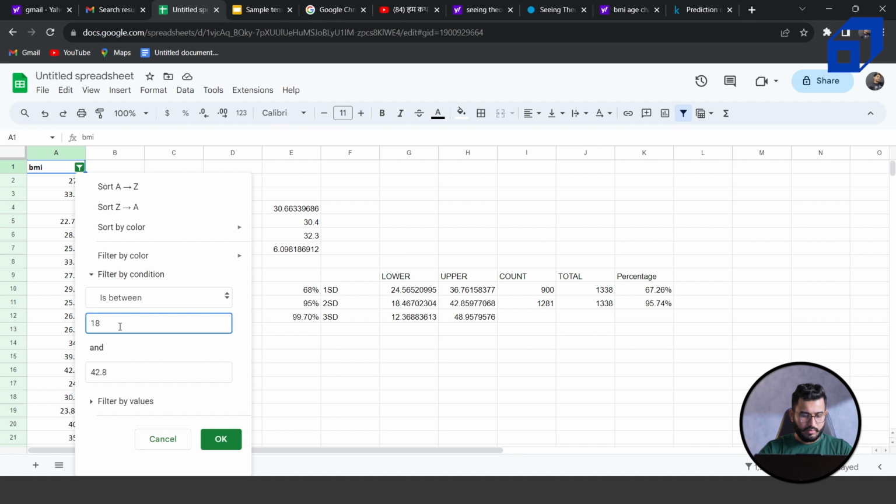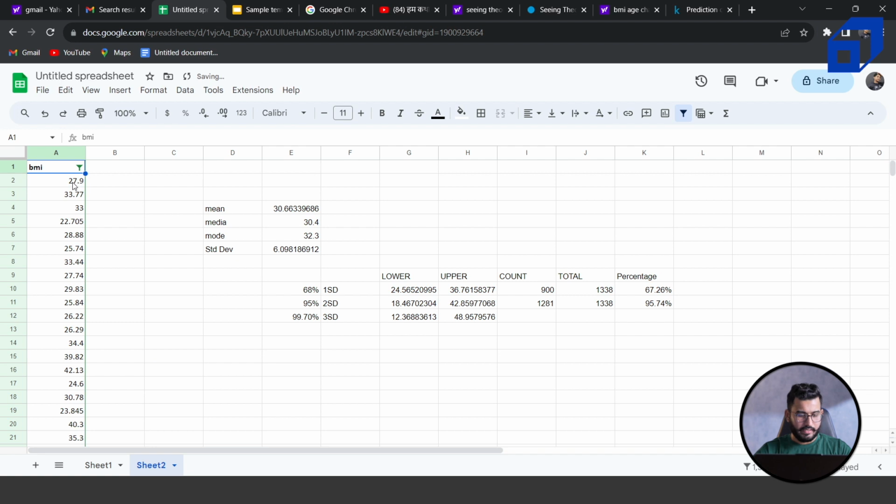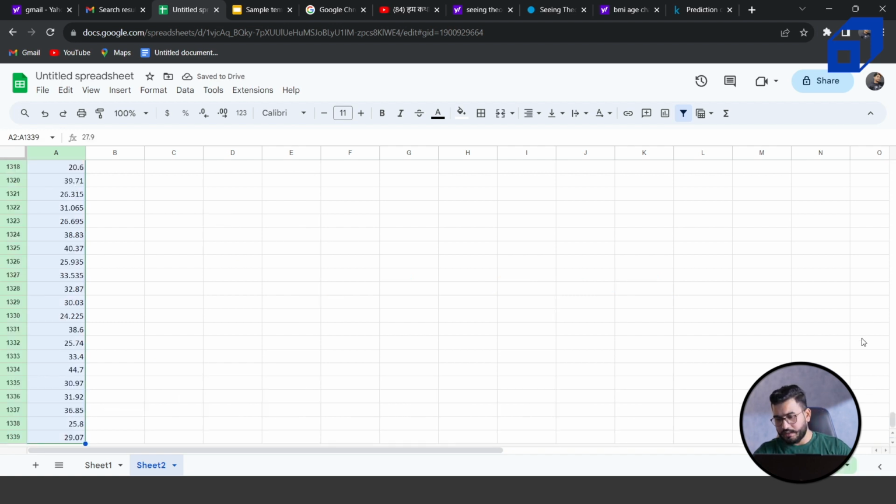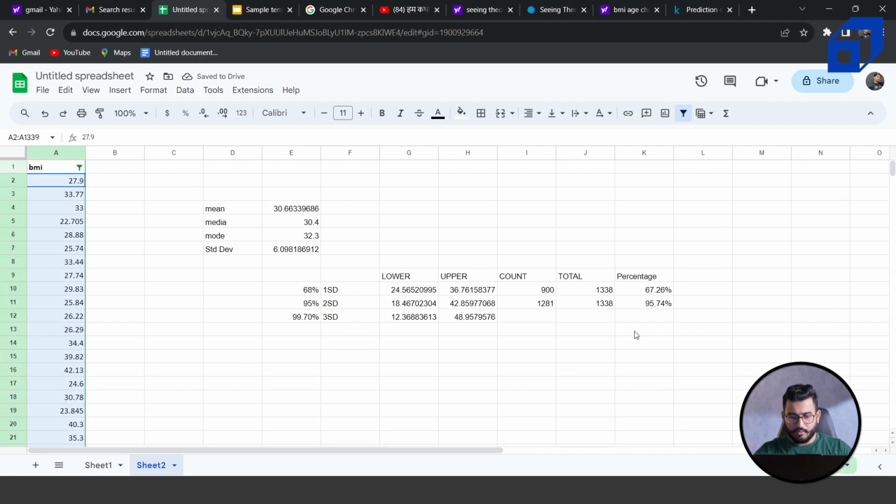So 12.3 to 48.9, and I'll click OK. I'll just quickly count. It is 1334 and the total is 1338.